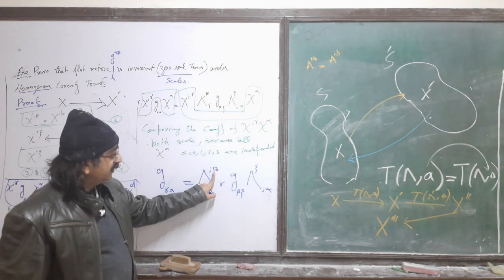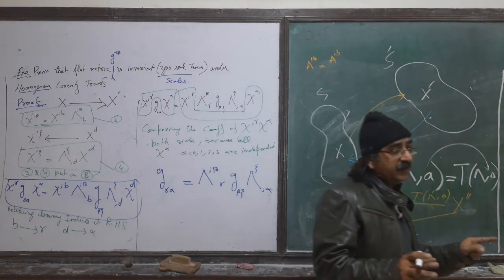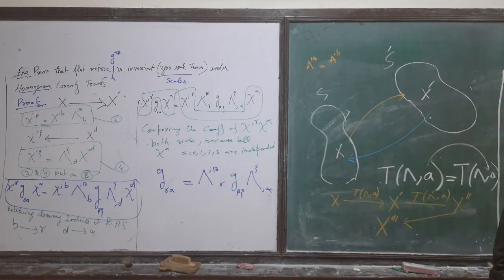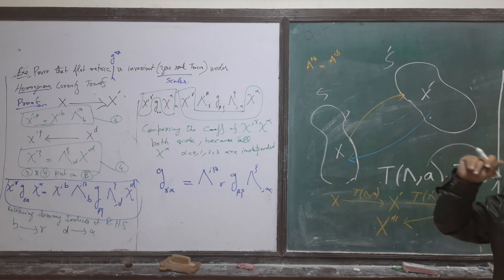Here you may see, as I have already explained, that when you write it in the form of contravariant and covariant, then actually they are the components, the elements of the matrices.